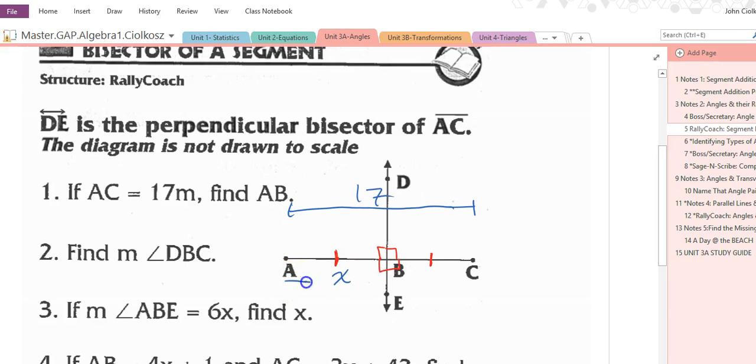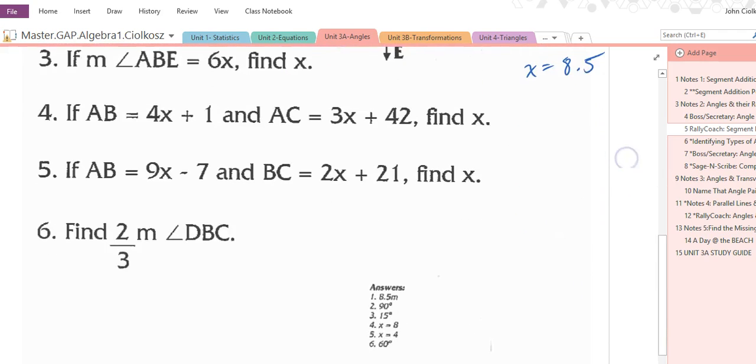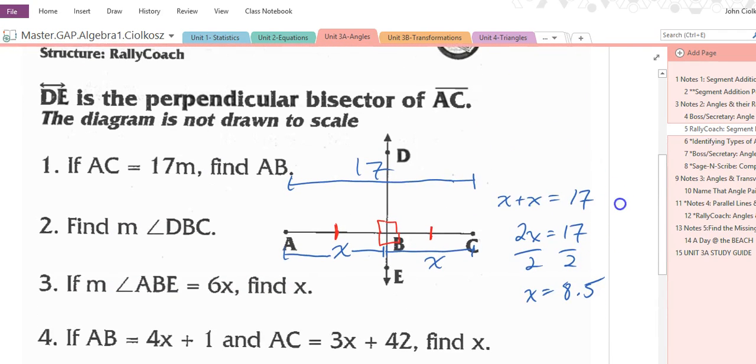Well, bisects means that this is X, this is also X. So here, X plus X equals 17. So as a decimal, we would get 8.5. It'll take a minute. Go ahead and finish getting that down before I erase.